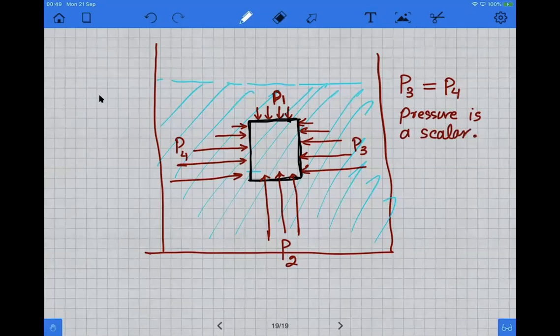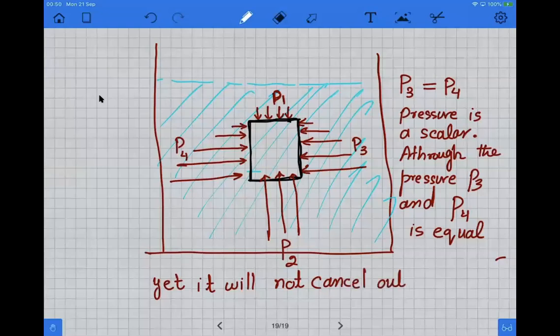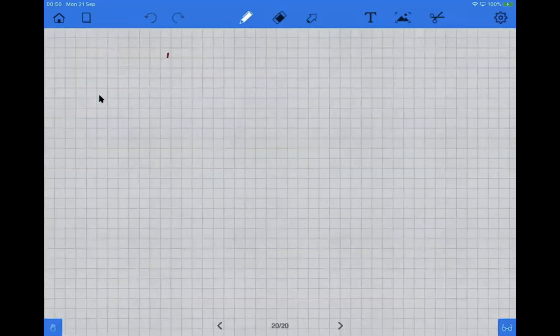Scalars do not cancel from opposite sides. Although the pressure on the sides, that is the horizontal pressure, P3 and P4, is equal, yet it will not cancel out, as pressure is a scalar.